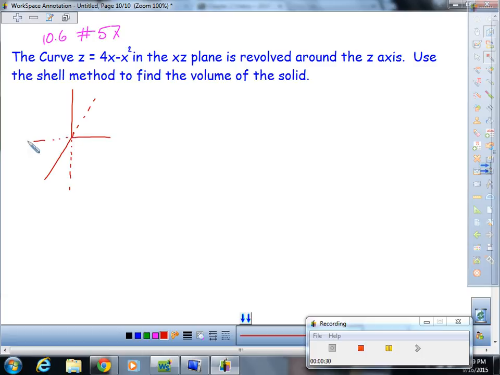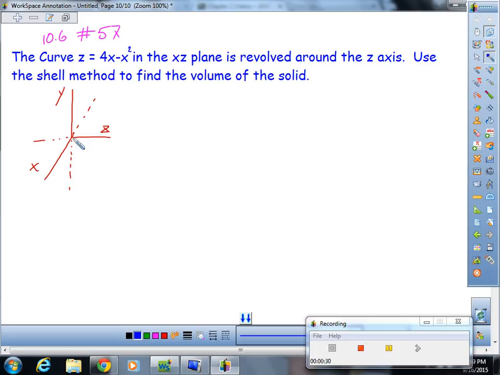Well, we got our x, our y, and our z. Hopefully you guys recognize this as a parabola that's upside down. And since we're revolving it around, in the xz plane, hold on, I'm doing that wrong.